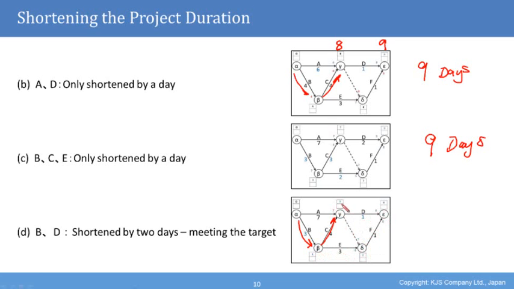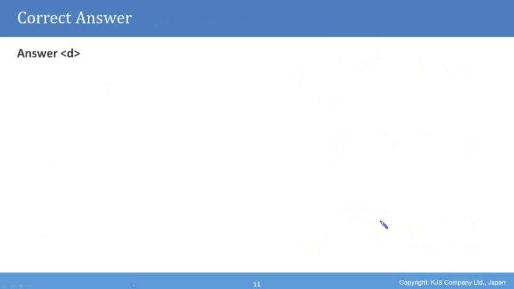So it takes 7 plus 1 to get to epsilon, which means that this time it takes 8 days. And then we have made a saving of 2 days, because originally we had 10 days on the schedule, so we saved 2 days. And this then is the correct answer. So the answer is D.